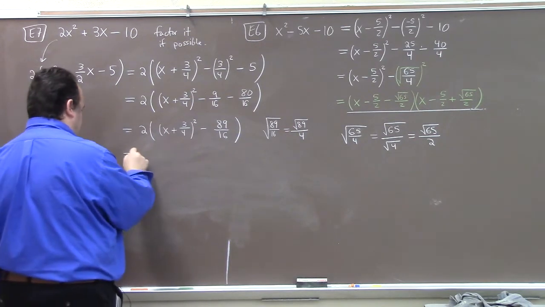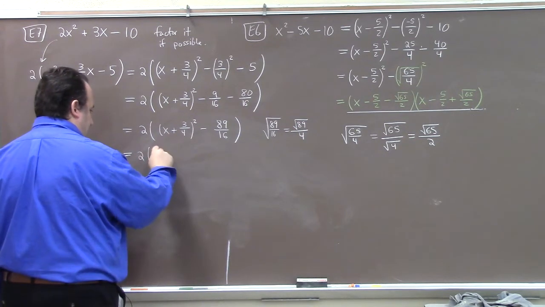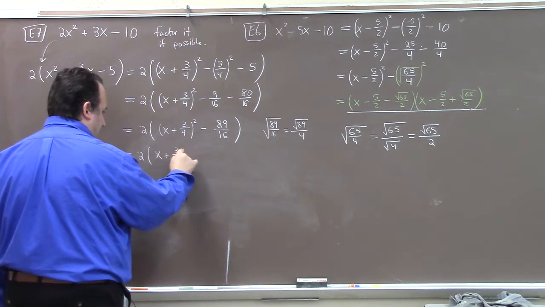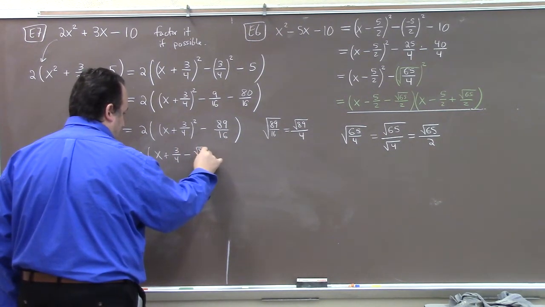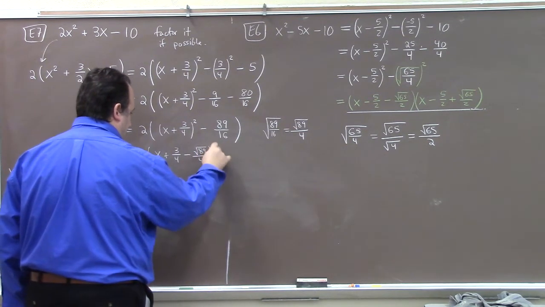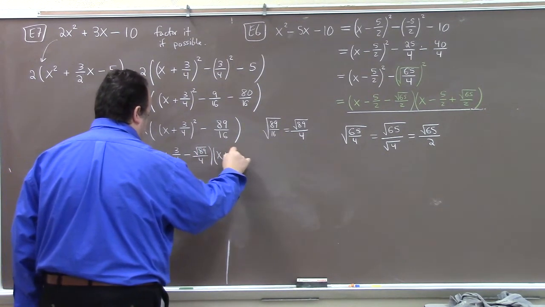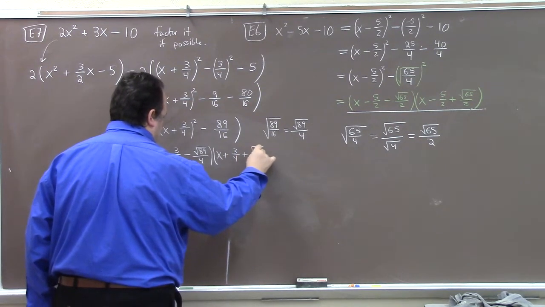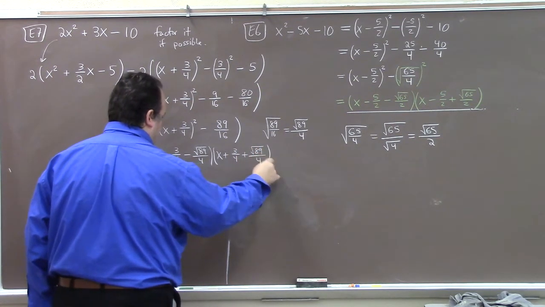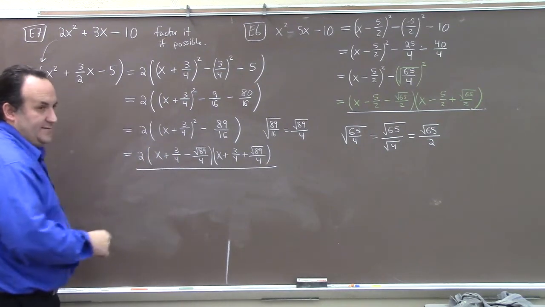And so what we got then is 2 times parentheses x plus 3/4 minus the square root of 89 over 4, x plus 3/4 plus the square root of 89 over 4. There you go, factored.